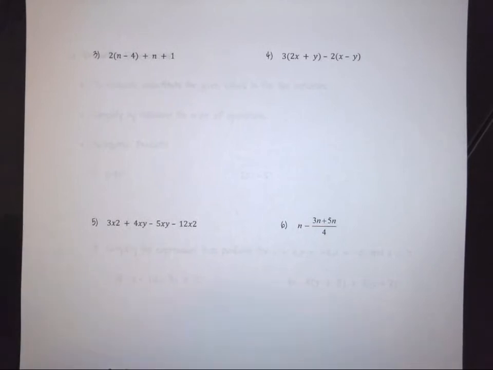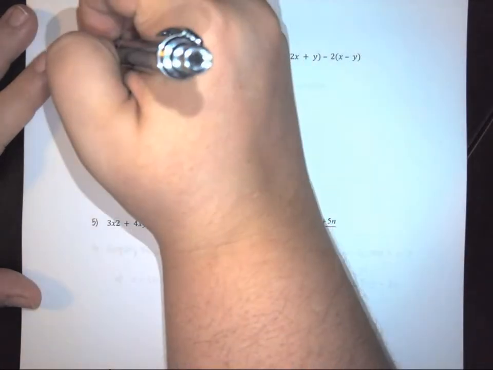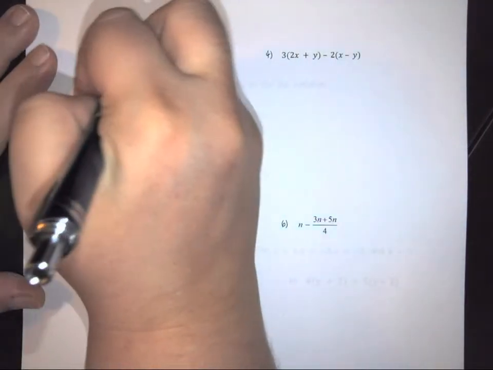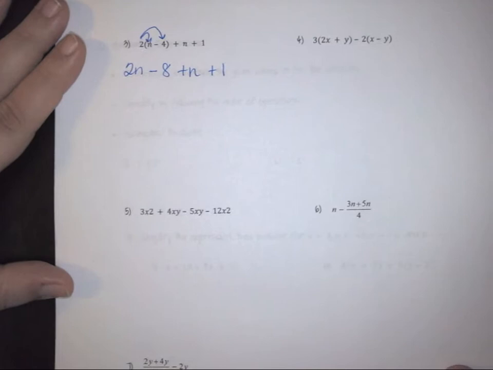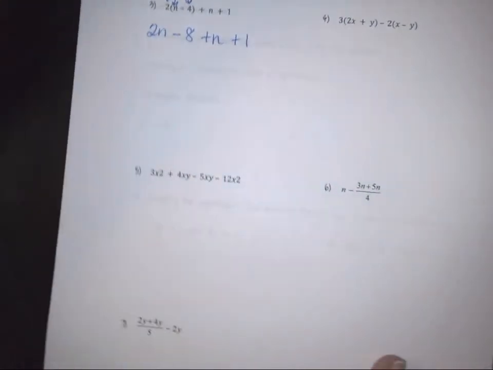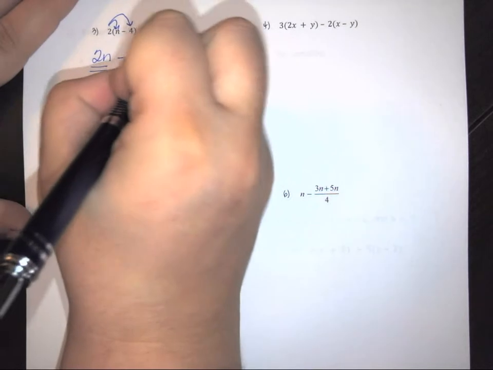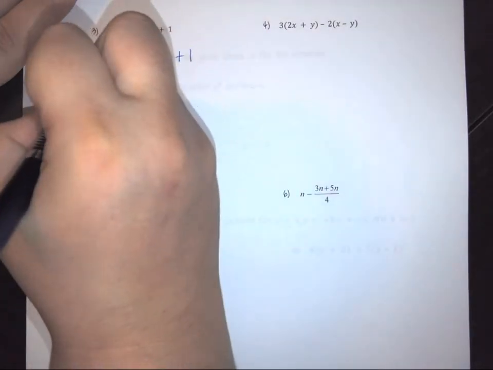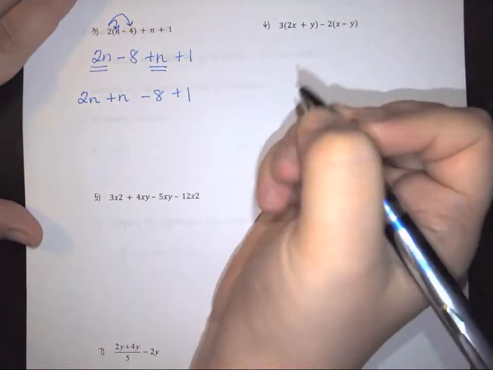So let's keep going. In this third one, notice I have a parentheses. So the first thing I have to do is get rid of it. I need to distribute through it in order to drop it down. So my 2 comes through, and this becomes a 2n minus 8 plus n plus 1. In doing that, again, I'm going to put my like terms next to each other. So this is going to be a 2n plus an n minus 8 plus 1.